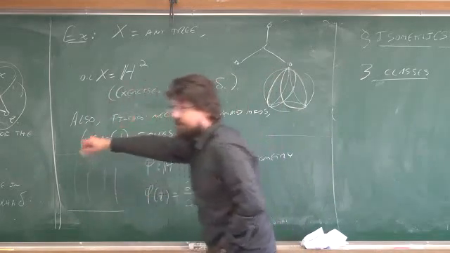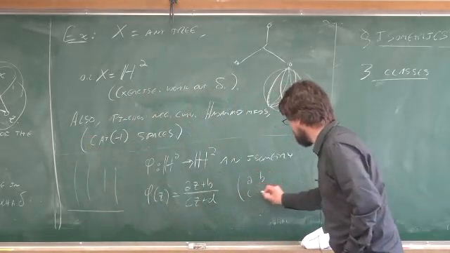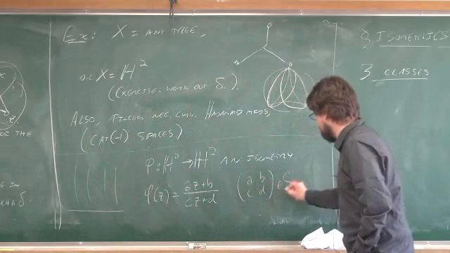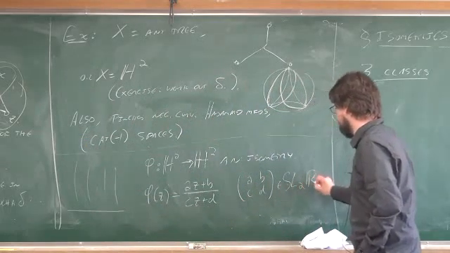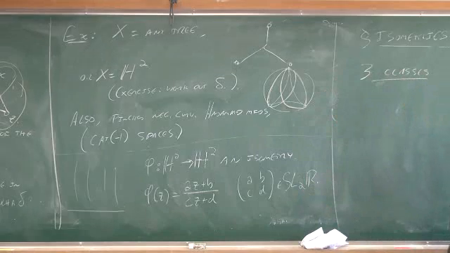I'm thinking of these as complex numbers, where a, b, c, and d are in SL2R, and minus the identity doesn't do anything. In fact, these are all the orientation preserving isometries of H2, which you've probably seen before.